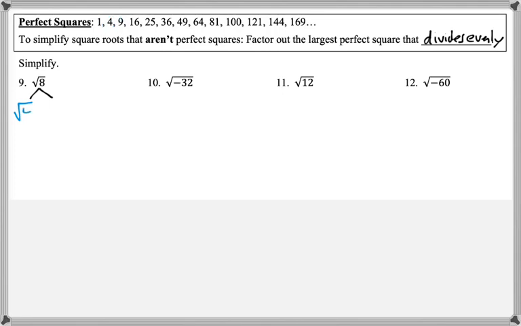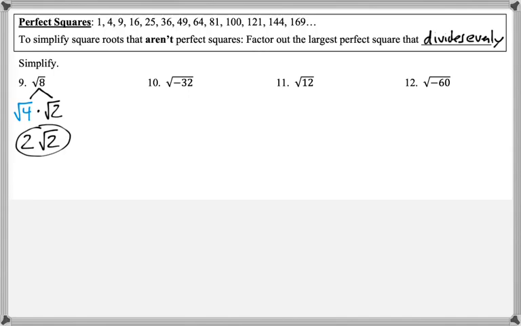So this will be 4, and then 4 times what gets you 8? That would be 4 times 2. So the square root of 4 is just 2, and then we still have this radical 2. So my final answer is 2 times square root of 2.